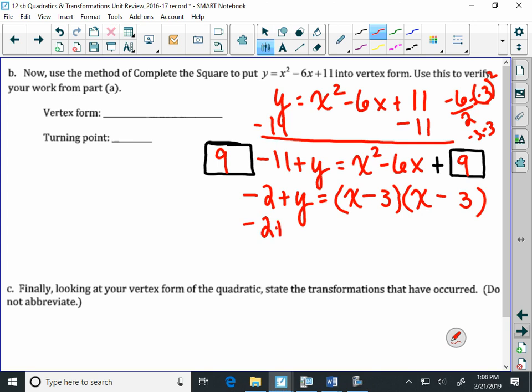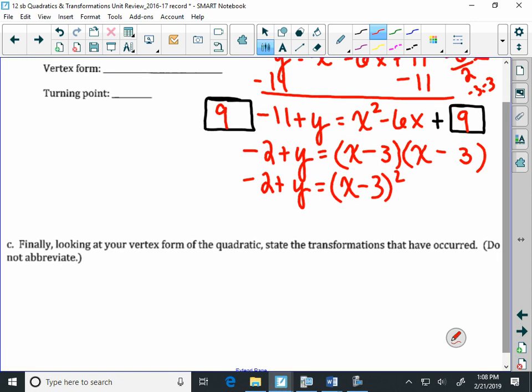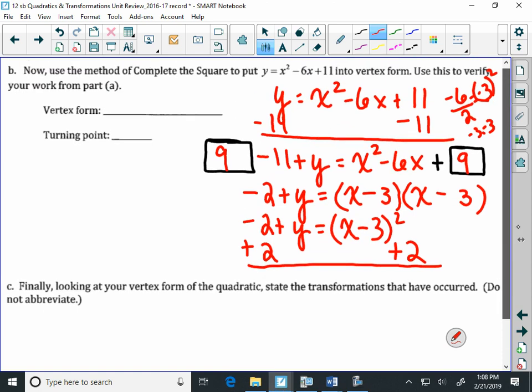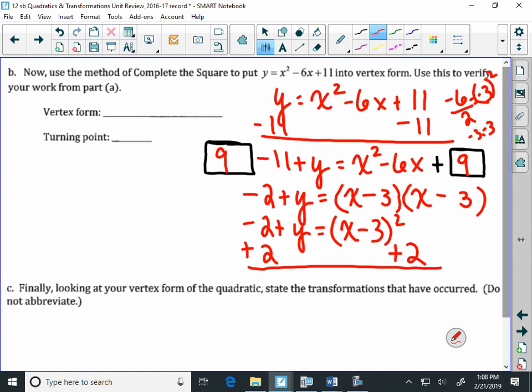Well, we still have negative 2 plus y. We can condense it down, and we have x minus 3 squared here. And lastly, we can add 2 to both sides. And when we add the 2 to both sides, I'm going to write it back in over here in the blank. You can't fit it in here. But we end up with y equals x minus 3 squared plus 2.